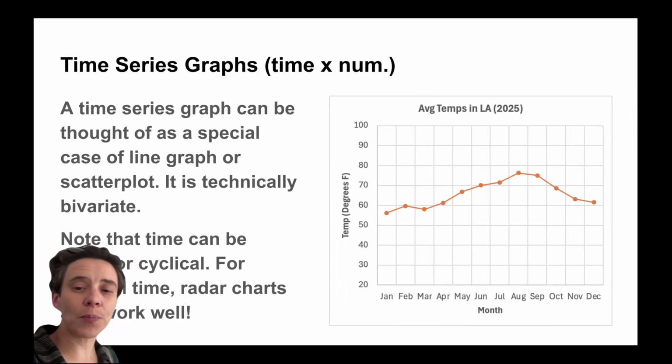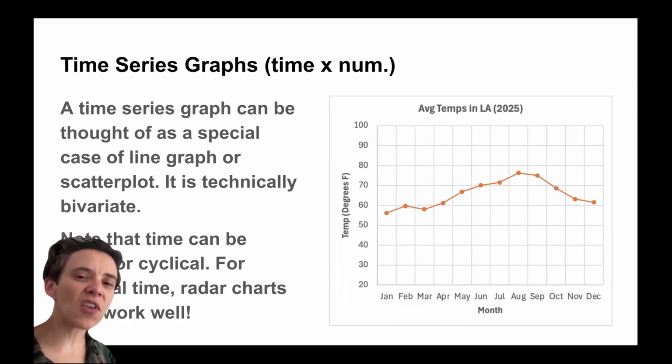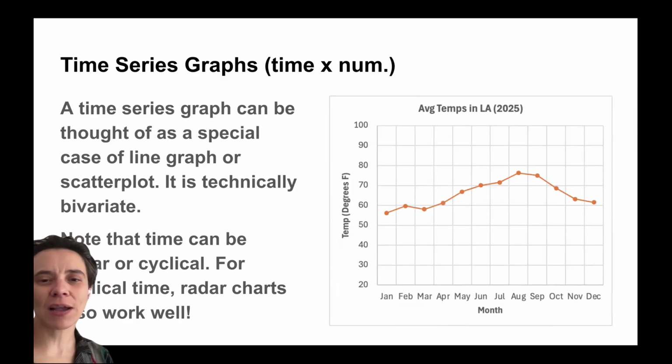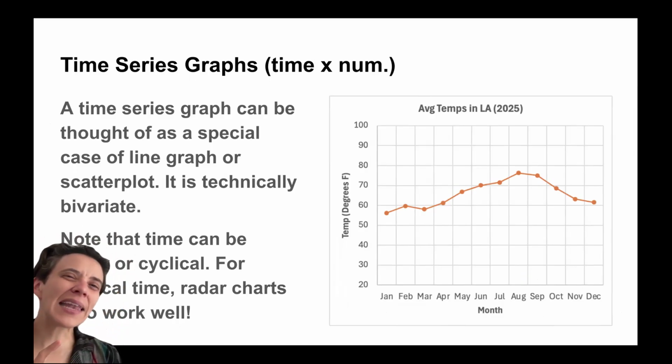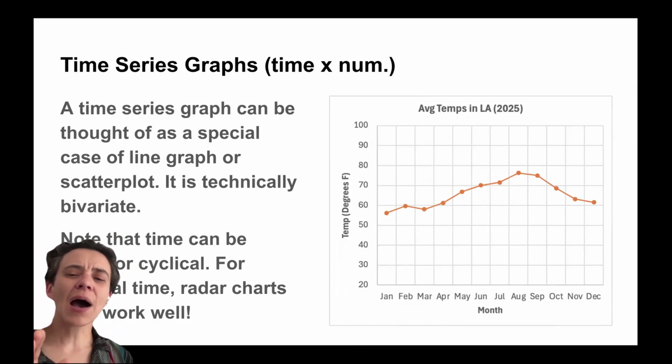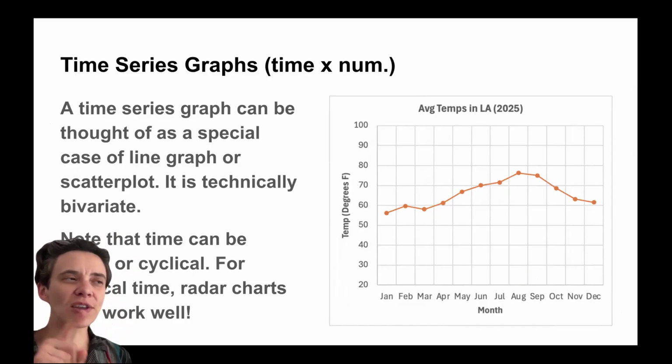This time series graph that the book talks about is a specific type of bivariate graph where one of the variables is time. We can think of this as a scatter plot, or as a line graph. We can't properly call this a scatter plot because January, February, March, April are not numerical units, and scatter plots need numerical units.